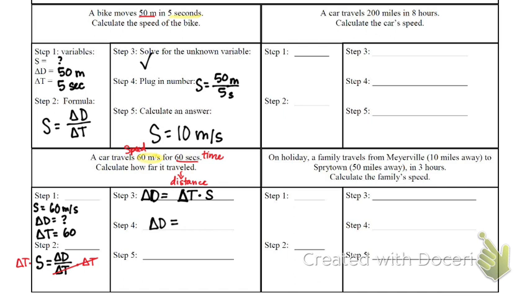Delta T is 60 seconds. Speed, 60 meters per second. Careful. Nope, 60 times 60, not 60 times 2.